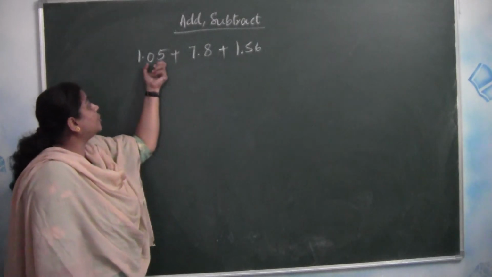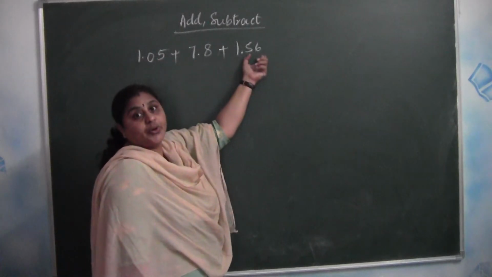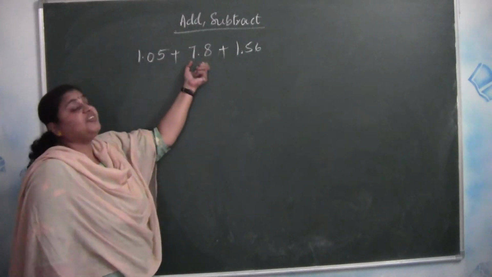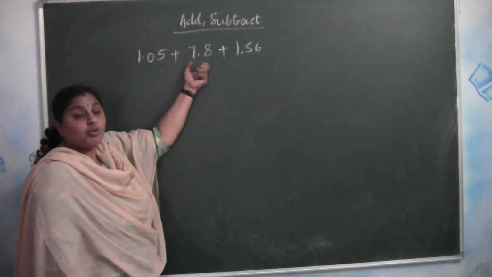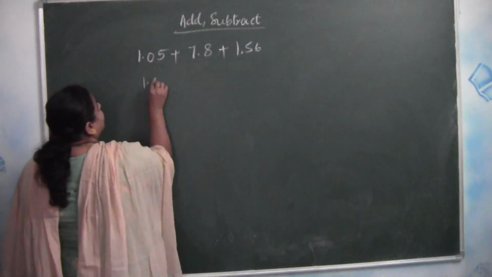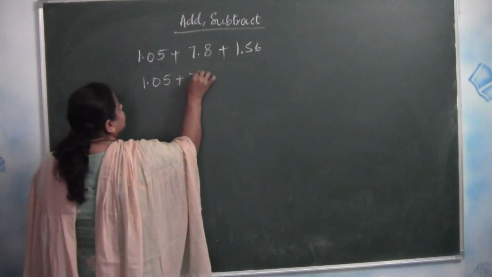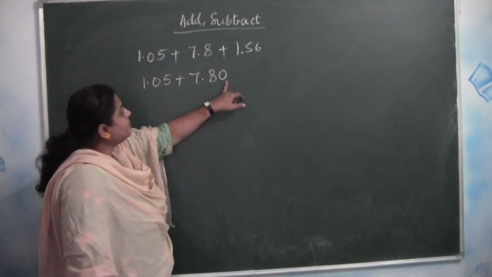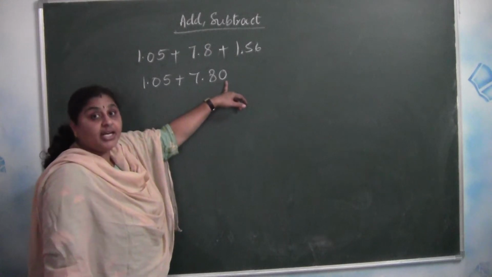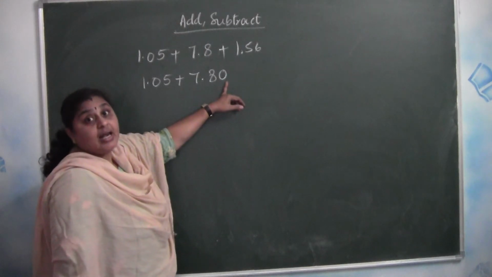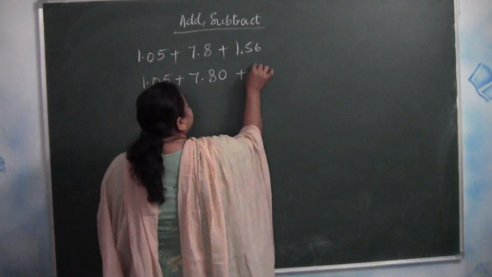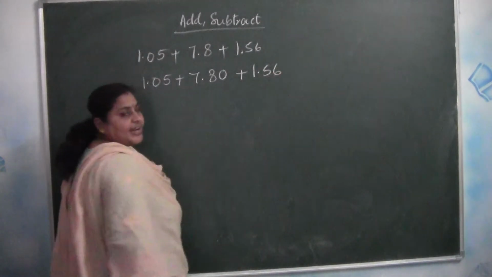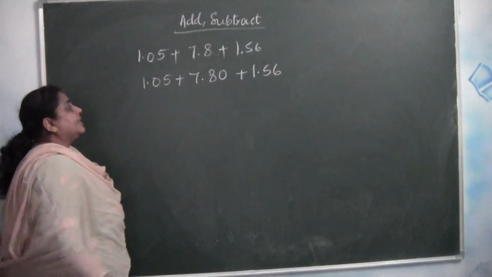Here it is 2 digits, so we have to make 2 digits here too. So, 1.05 plus 7.80. I am adding 0 in order to make it a like decimal. Plus 1.56. Now you are going to add the decimals.